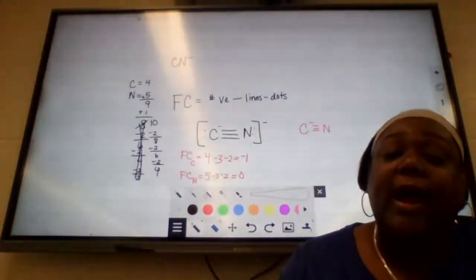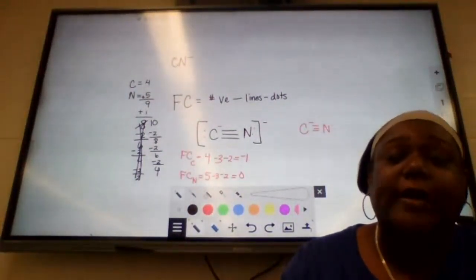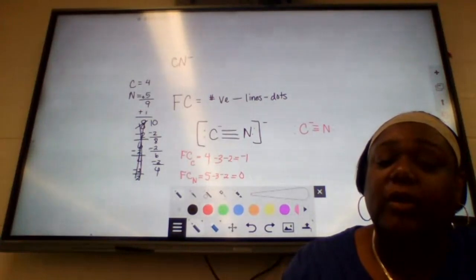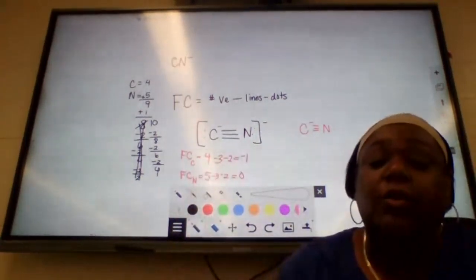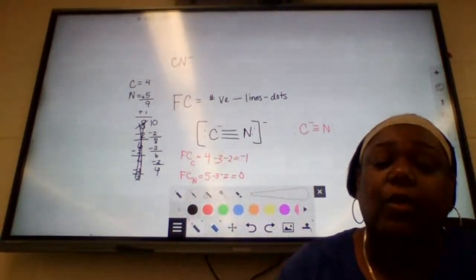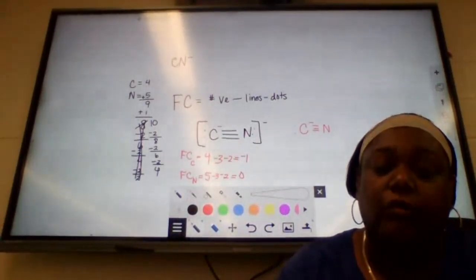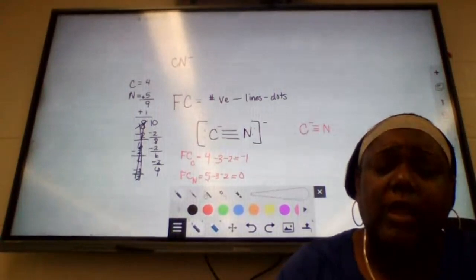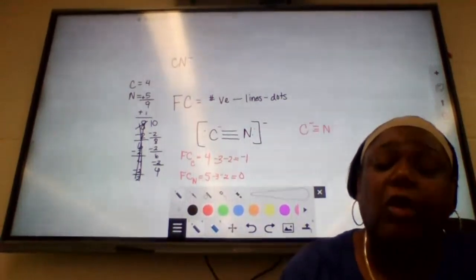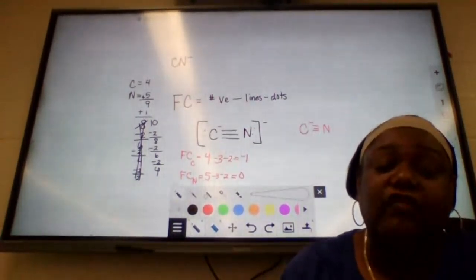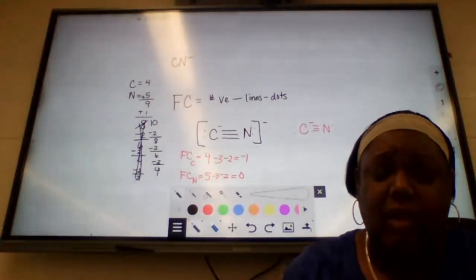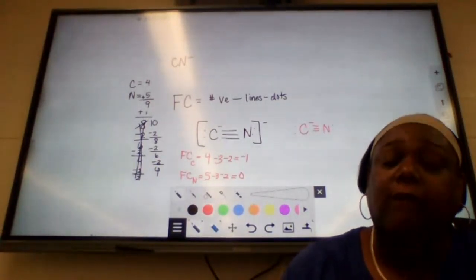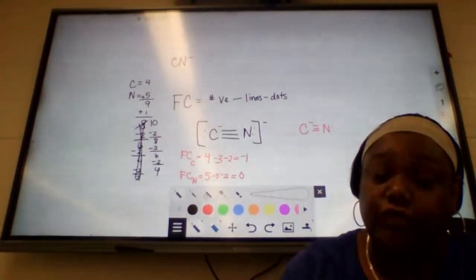Now, you can practice with formal charge on any of the Lewis structures that we've already drawn, but please don't forget that formula. You will definitely need that formula in order to calculate formal charge. Now, again, the formal charge, or the one that is chosen, is going to be the one that gives us the lowest possible formal charges on our structures.